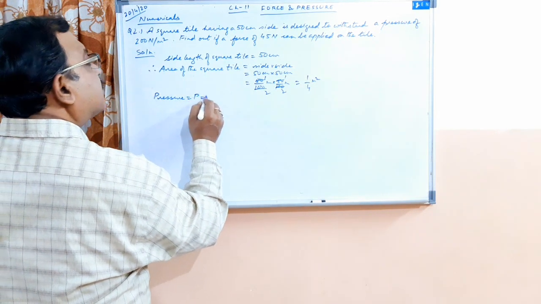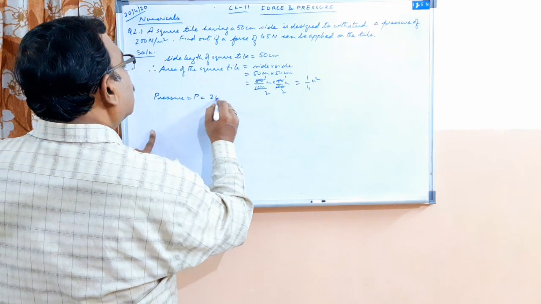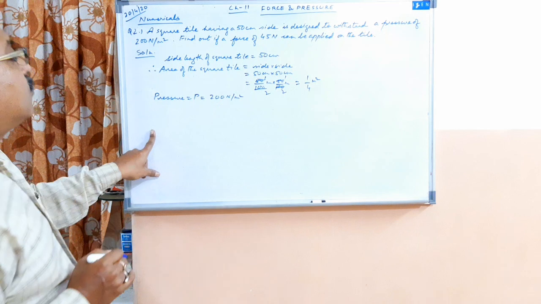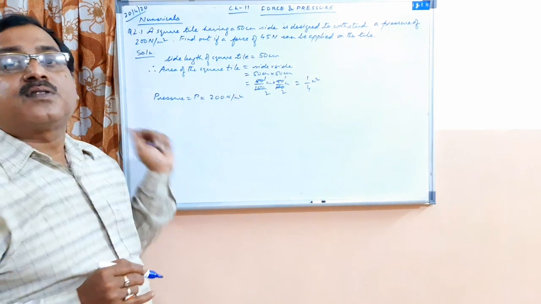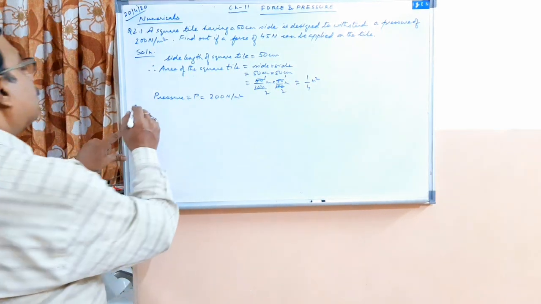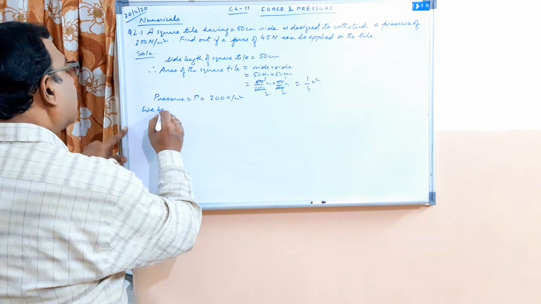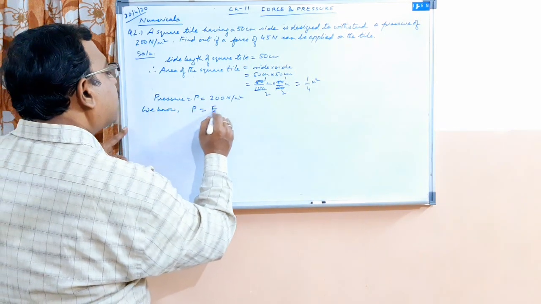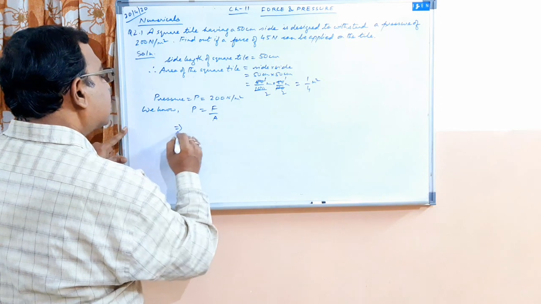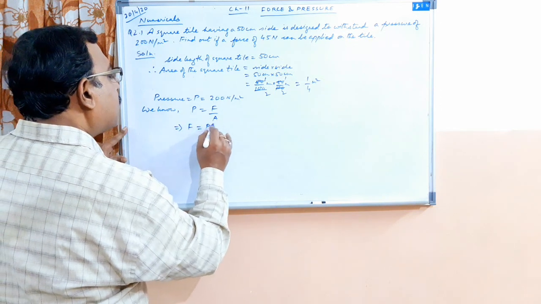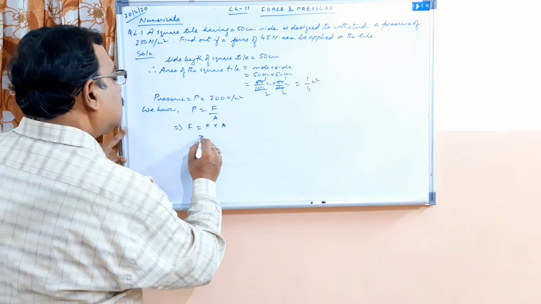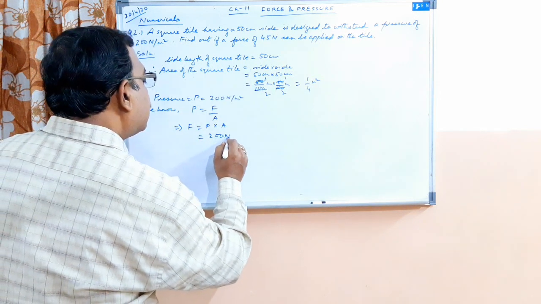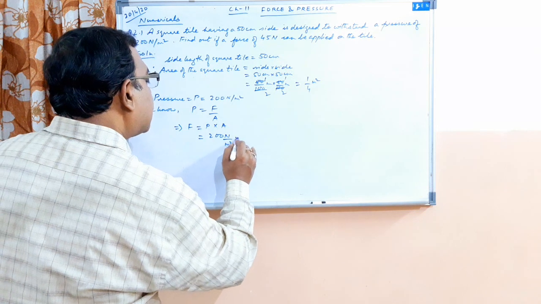Next, pressure P is given, 200 Newton per meter square. So this much pressure the tile can withstand. So we know P is equal to F by A, which means F is equal to P into A. So pressure is how much? 200 Newton per meter square.